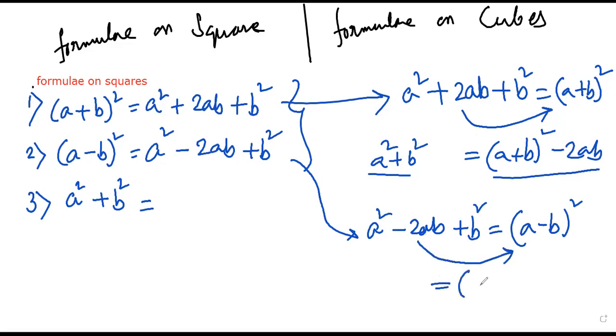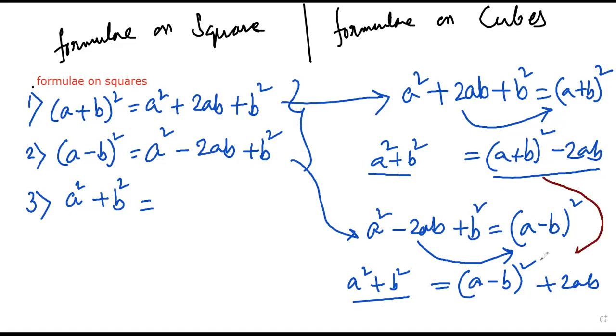That is why you get a minus b whole square plus 2ab, and on the left hand side you get a square plus b square. So see, we can write either a plus b whole square minus 2ab or a minus b whole square plus 2ab in place of a square plus b square.